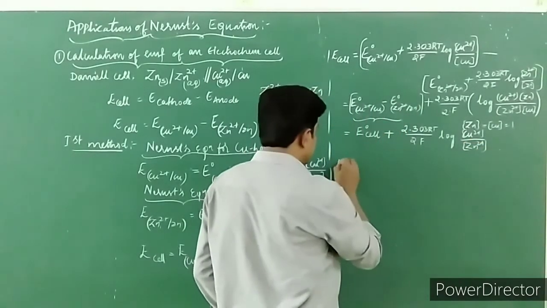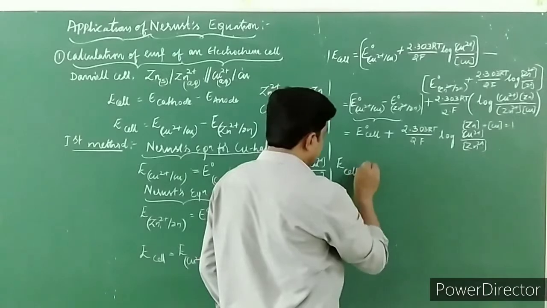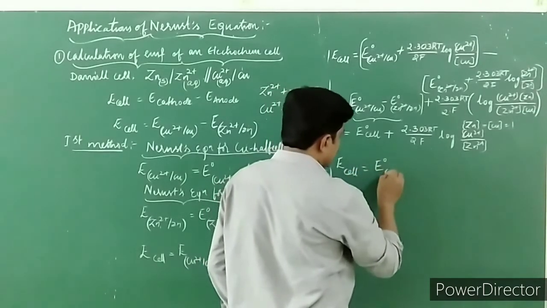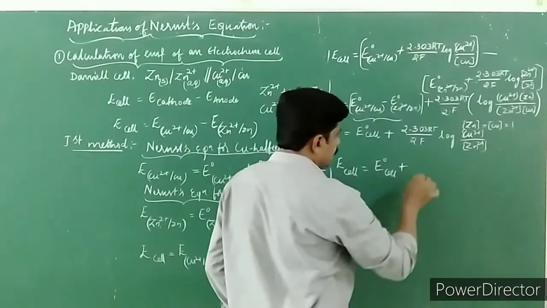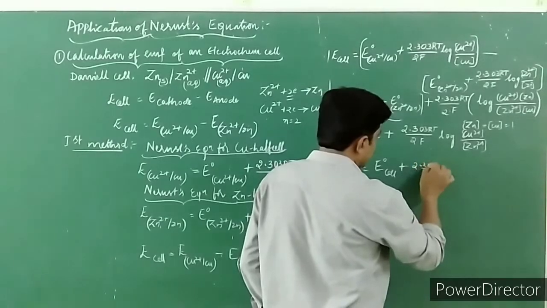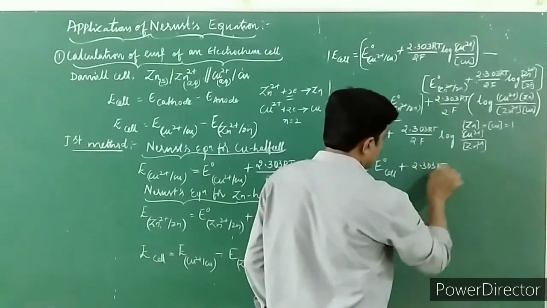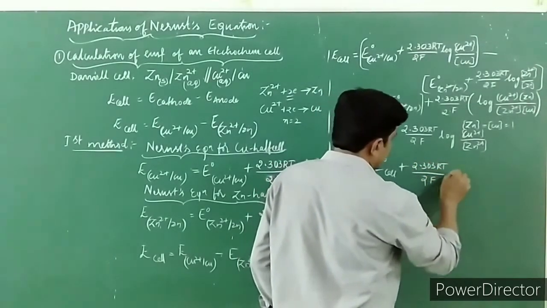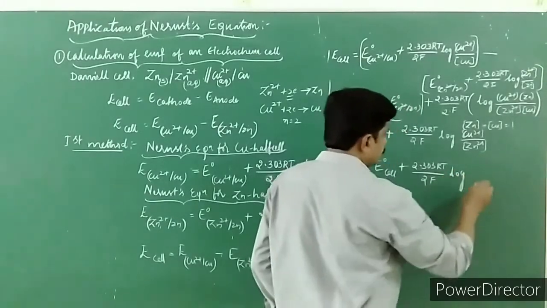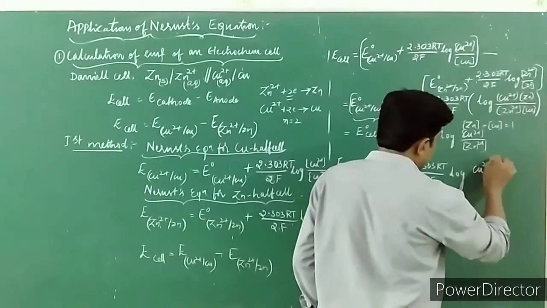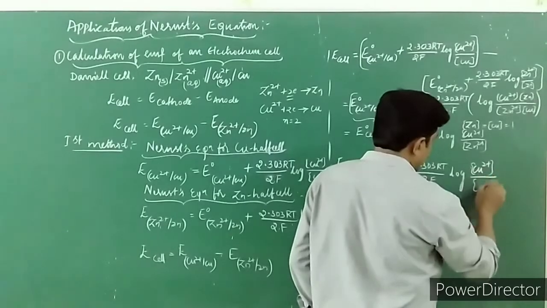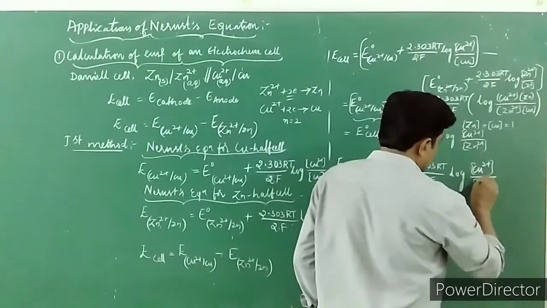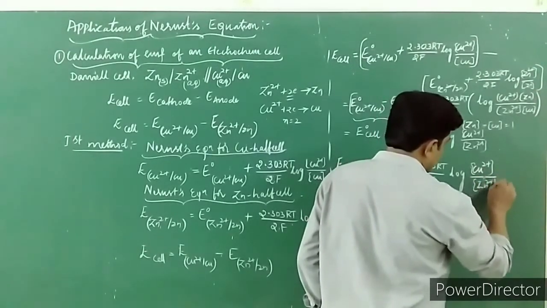So you can write E cell, that is for the Daniell cell, E° cell plus 2.303 RT upon 2F into log of molar concentration of copper ions upon zinc 2+ ions.